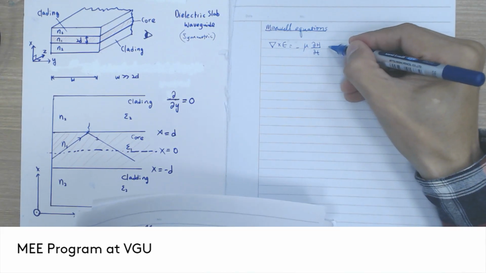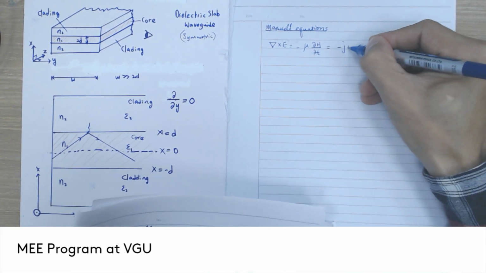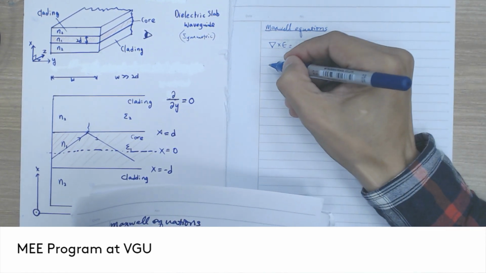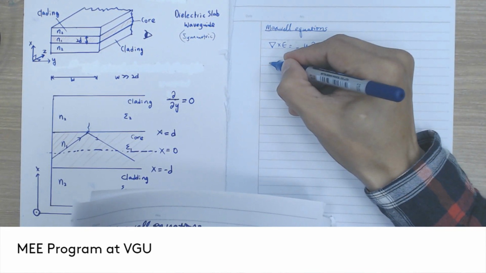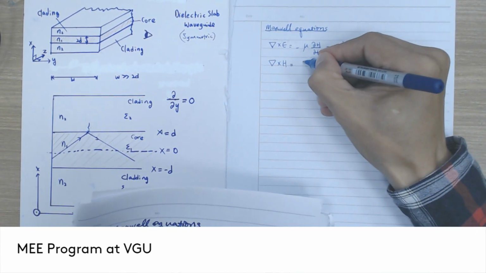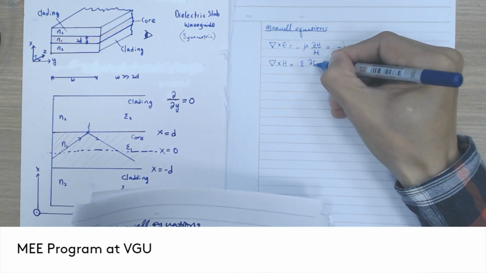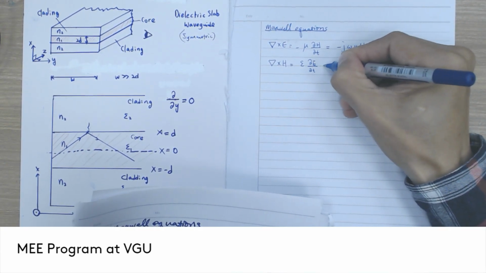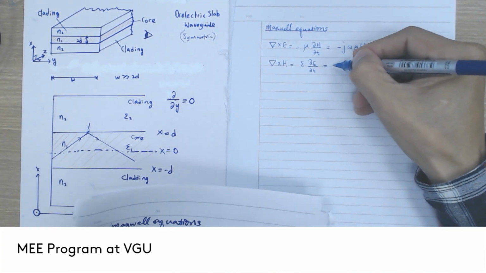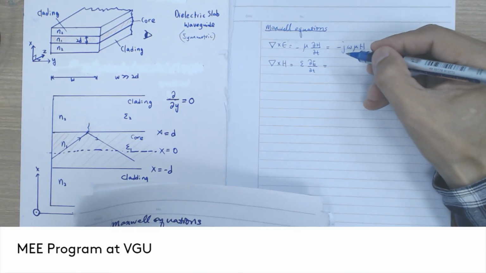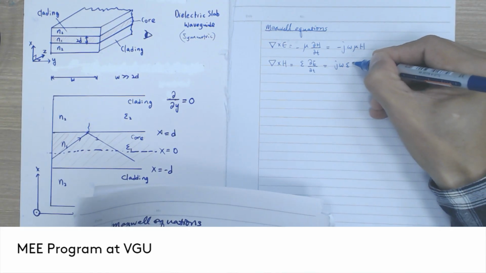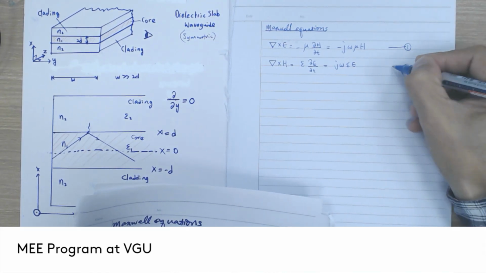Remember, the time derivative can be replaced with j omega, so it becomes minus j omega mu H. At the same time, the other Maxwell equation is the curl of the magnetic field, written in this manner, and again the partial t operator can be replaced with j omega, then epsilon E. So you have equation 1 and equation 2.